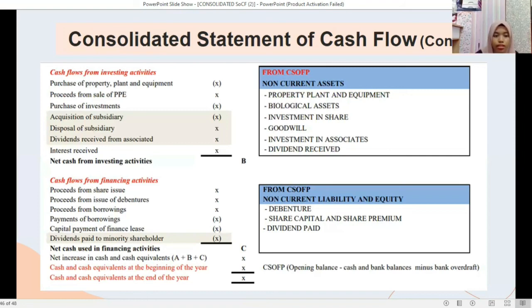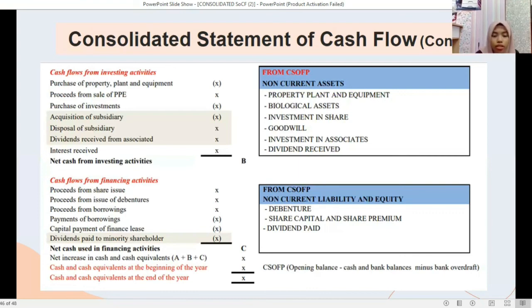So to get the net increase in cash and cash equivalent, we need to add the net cash from operating activity, net cash from investing activity, and net cash used in financing activity. So from that, we need to put the cash and cash equivalent at the beginning of the year.